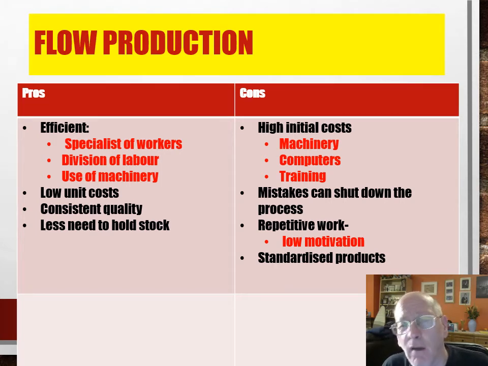Perhaps they're riveting the same part on the same car day in, day out. They tend to be less motivated than if you're designing something from scratch, and the products tend to be quite standardized. Not always so. With cars, for example, at the last stage of the process, you can say what types of seats you want, but typically with flow production, it's a pretty standardized sort of product.